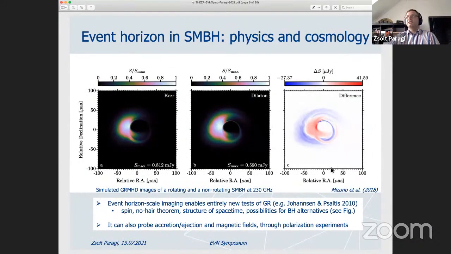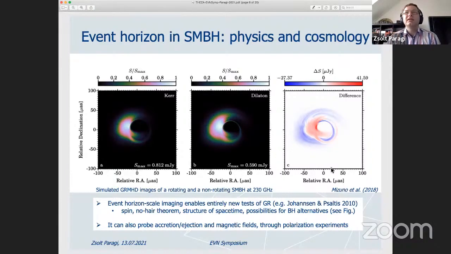Now, what is the science? We know since these lovely EHT results that black holes do exist, and that the black hole shadow is the result of light bending in a very strong gravitational field, proposed some 20 years ago by Heino Falcke.